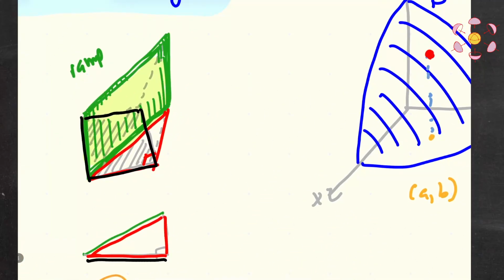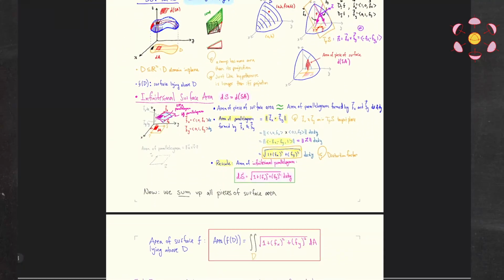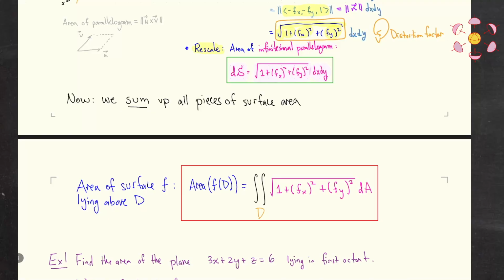It's the same idea. It's just, again, how much do I have to distort the area of the base to get the area of the distorted parallelogram. Okay, cool. Great. That is all of the hard work for today, and that is the deep intuition.